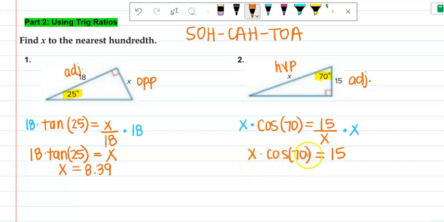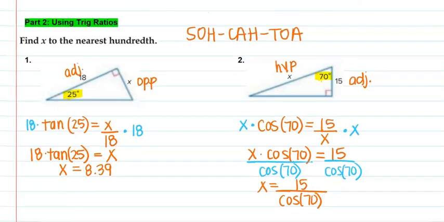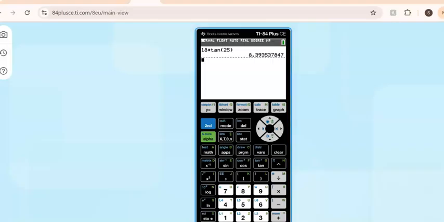Okay, but now we have to get rid of this cosine. So the cosine and the x are being multiplied together, so we're going to divide both sides by the cosine of 70. Okay, so x is going to be 15 over the cosine of 70. Then we're going to resort back to our calculator. You have a couple different ways you can type this into your calculator.